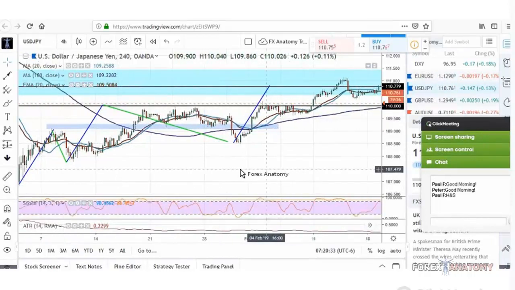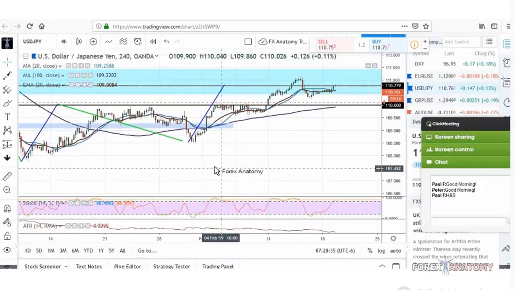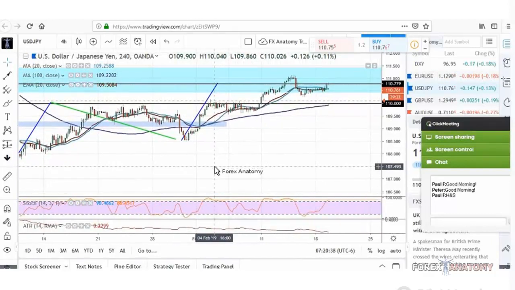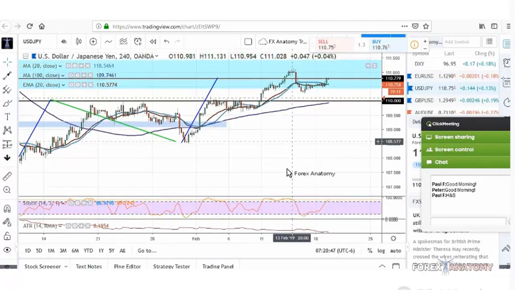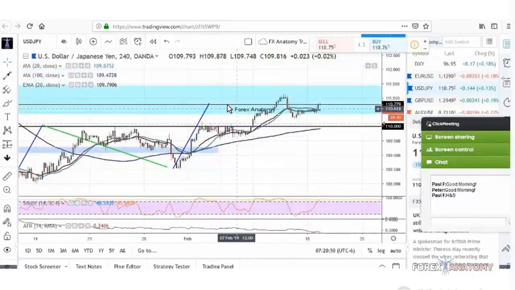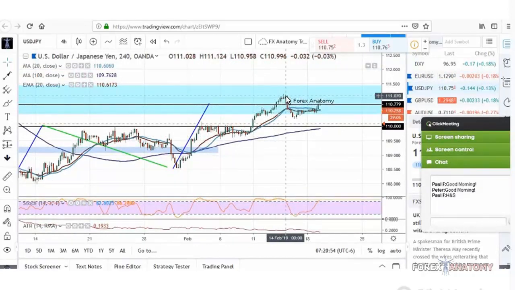So we saw this 3-drive formation take place in the market. And whenever you see that, you need to be prepared for a nice selling opportunity for price to expand lower and for there to be a nice bearish rotation in price. But you can clearly see that price pushed higher. It pushed beyond this level, and it actually hit the 111 institutional or banking level.